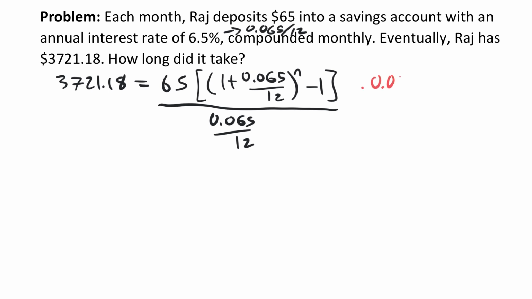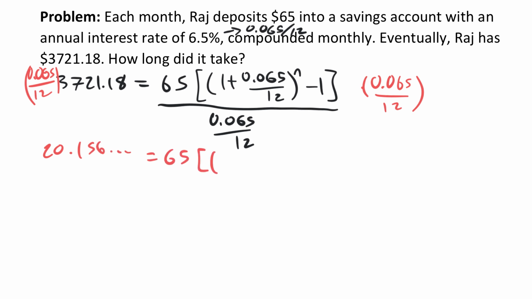Okay, so I'm going to go ahead and multiply both sides by this fraction, 0.065 over 12. Okay, so that's going to give me 20.156 and so on equals 65 times 1 plus 0.065 over 12 to the n minus 1.